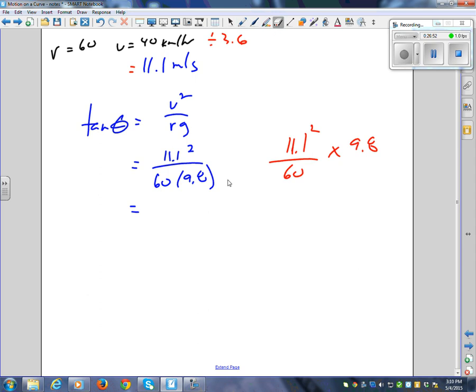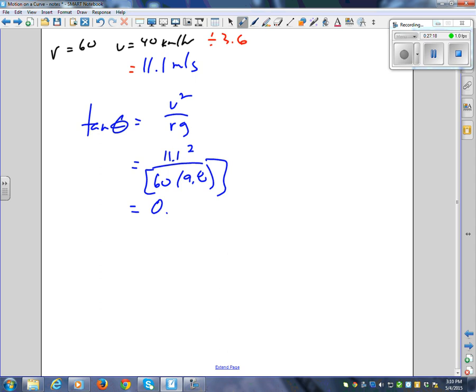So how do you do this on your calculator? Use brackets. Okay, so it's going to be 11.1 squared divided by bracket 60 times 9.8. And then equals. And I get 0.2.